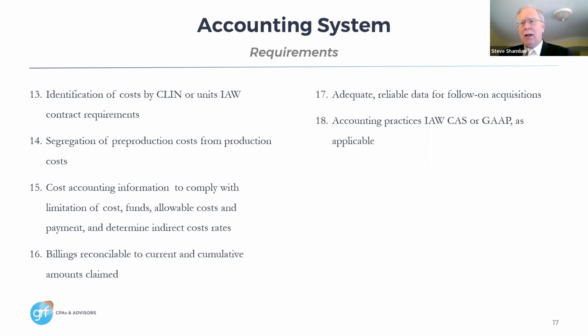All of this, you might think applies to just cost type contracting, but it is also applicable to fixed price contracting, because what you incurred on your last contract should be a basis or have a significant influence on what you bid on the next one.